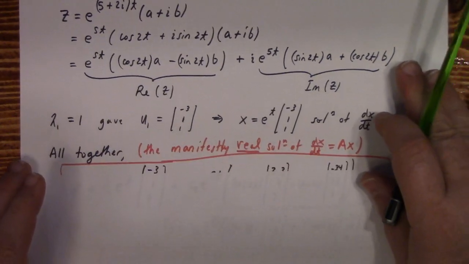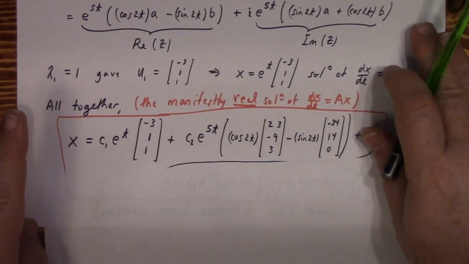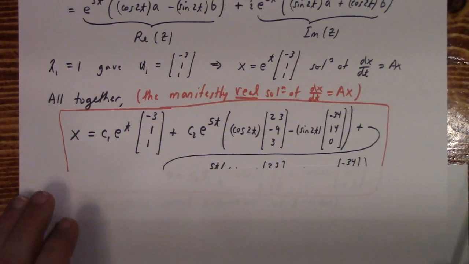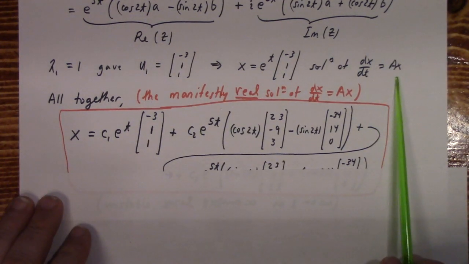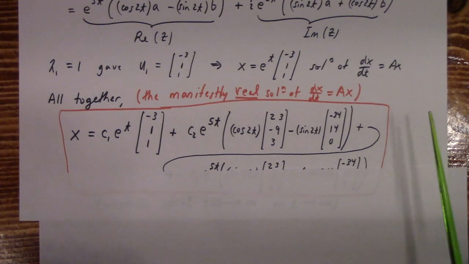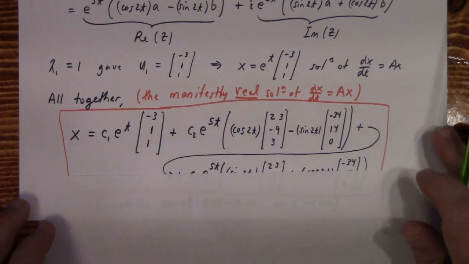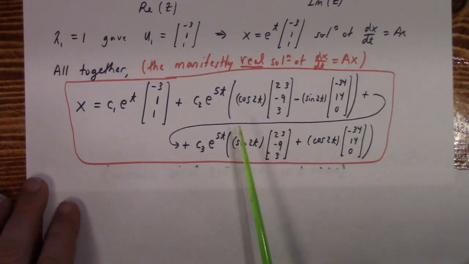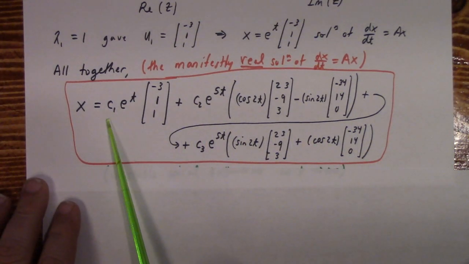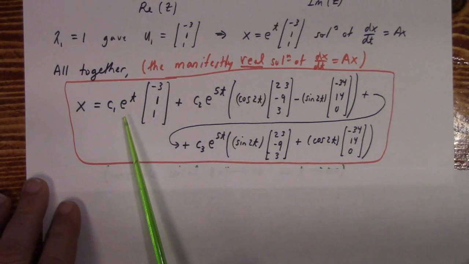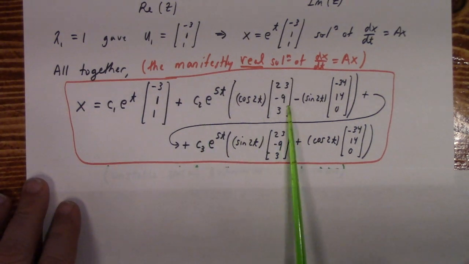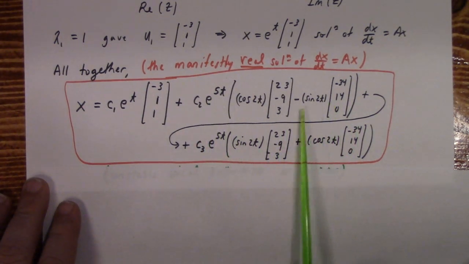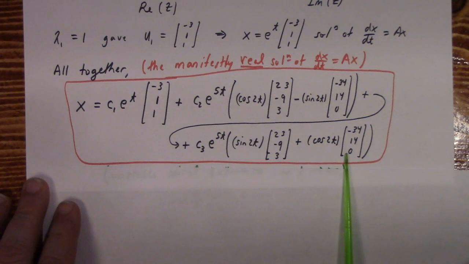And those are, by the argument I showed you in class today, separately solutions to the differential equation dx/dt equals Ax. Three differential equations and 3 unknowns. They're all coupled. And as such, the solution is this: C1 times the real eigenvector part plus C2 times the real part plus C3 times the imaginary part.